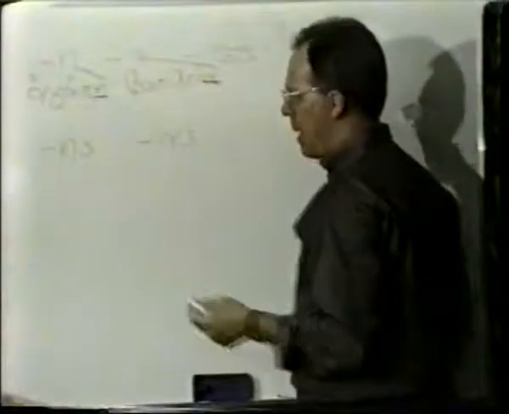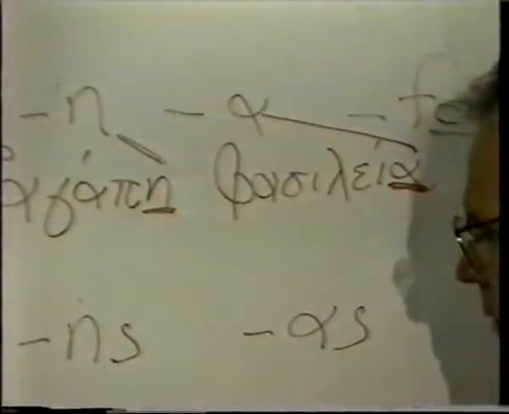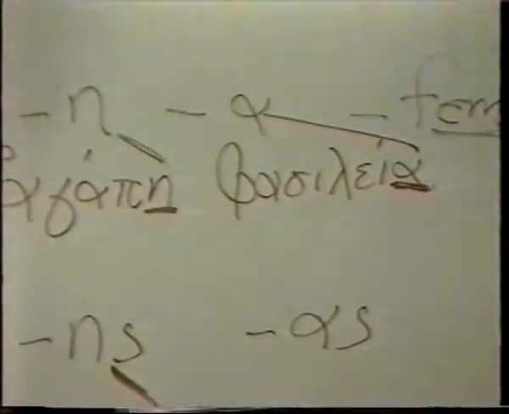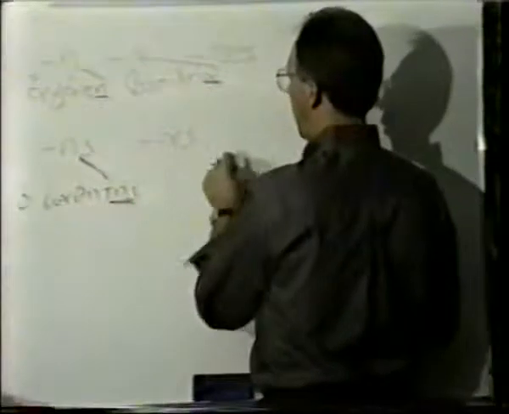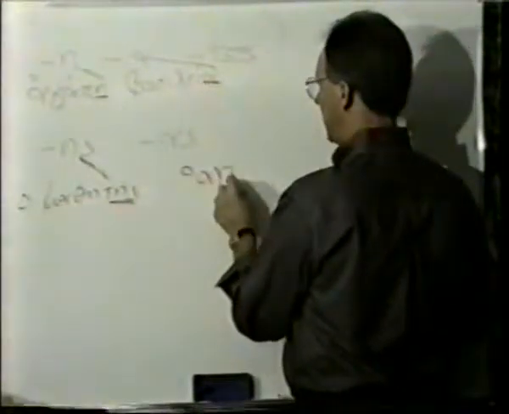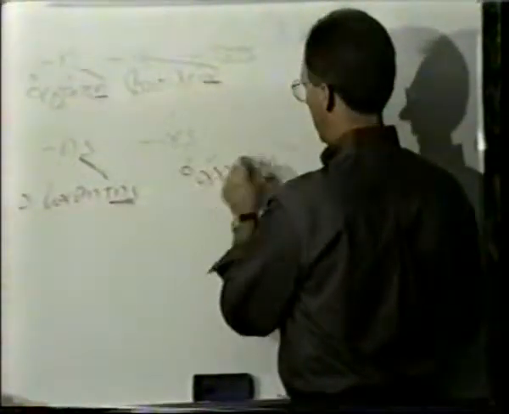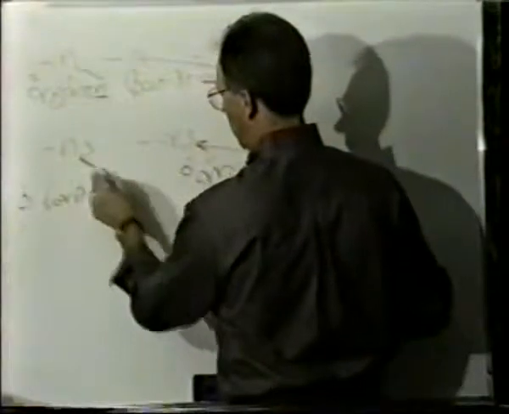Okay? We can say o mathitis. O mathitis. And we can say o anthropos. Or o andros. Here it is, the ending. Correlates with this one, and this one with this one.